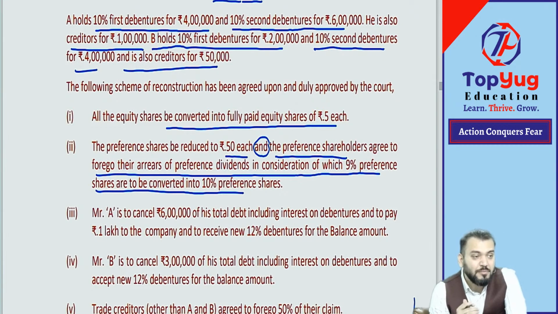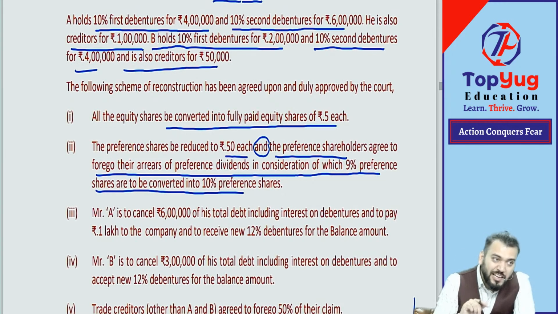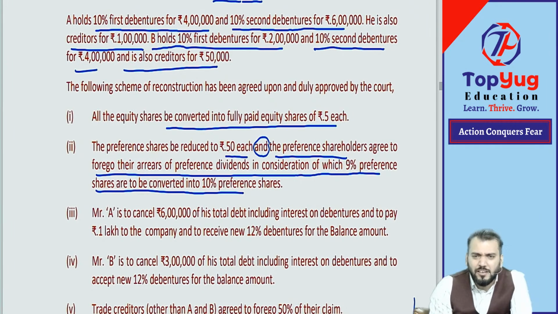They will waive off, cancel their preference dividend, so the contingent liability is cancelled. Any journal entry? No journal entry. But because they are cancelling preference dividend, they want their rate of dividend to be increased from 9% to 10%.